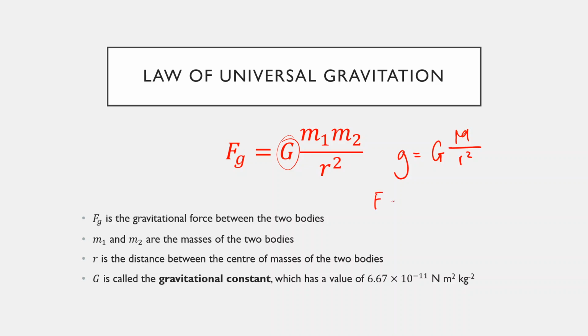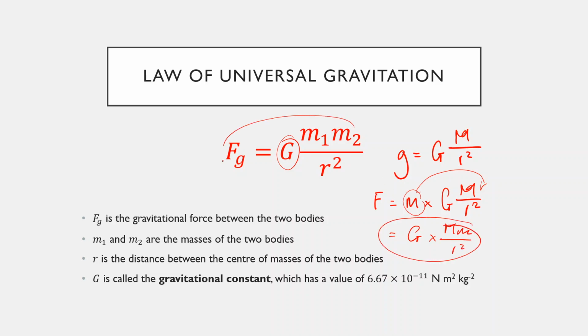So F equals m times GM on r squared. You can put that mass up here in that fraction, and you get G times M times m over r squared. And that's basically this equation.